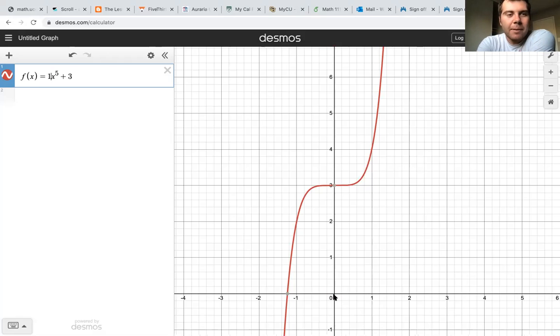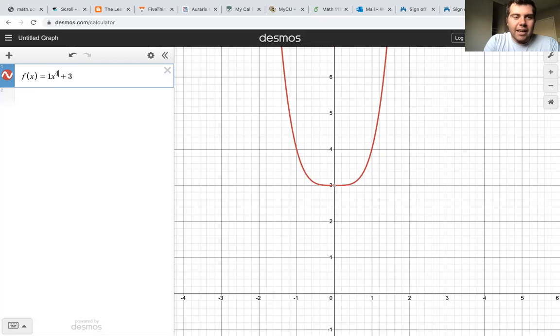Maybe one way to think about this is that when we take the odd power of a negative number, we're still getting a negative number out. So when we plug in -1, we get -1 to the fifth is still -1. And so with that logic, that's why we're getting these large negative values out. But that doesn't happen with the even powers.